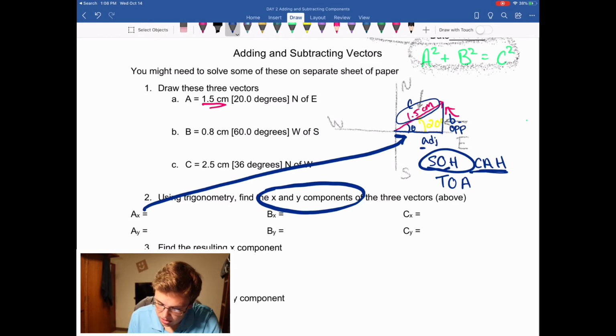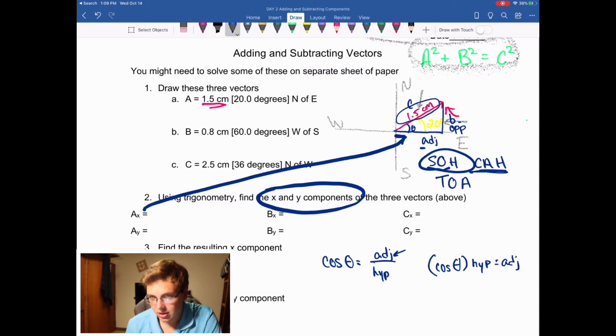So if we're looking for adjacent, we know cosine is adjacent over hypotenuse. So cosine theta equals adjacent over hypotenuse. We're looking for this adjacent. All we have to do to figure that out is we take our hypotenuse and multiply it across the other side.